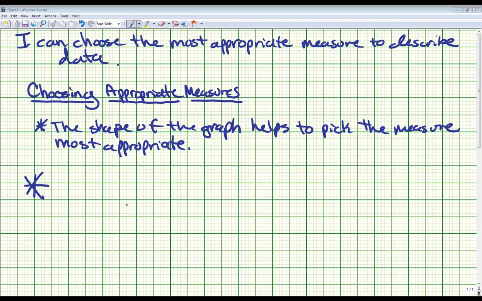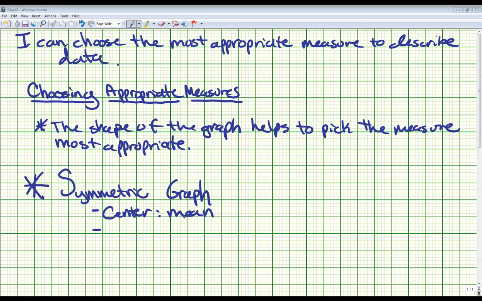The mean absolute deviation uses the mean in its calculation. So when a data distribution is symmetric, here's what we do. We're going to pick the mean to describe the center of the graph, and we're going to pick the MAD, or the mean absolute deviation, to describe the variation of the graph. So here's what happens when you have a symmetric graph. If we want to describe the center, we're going to pick the mean.